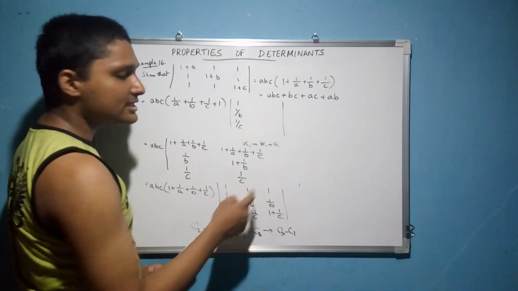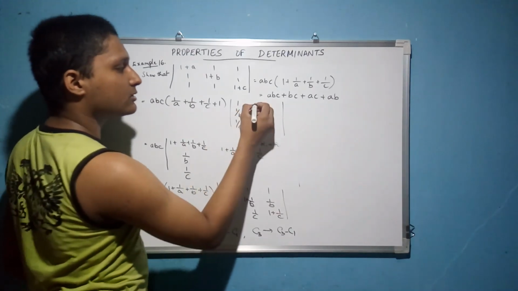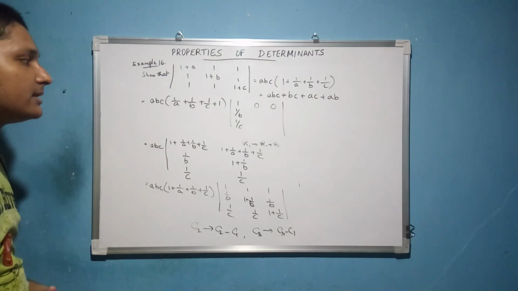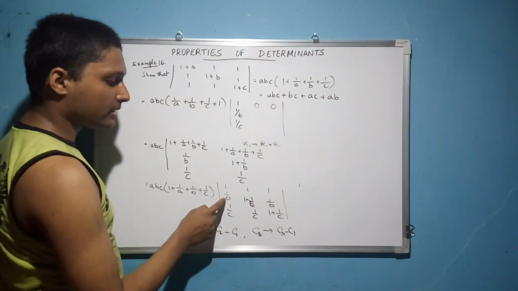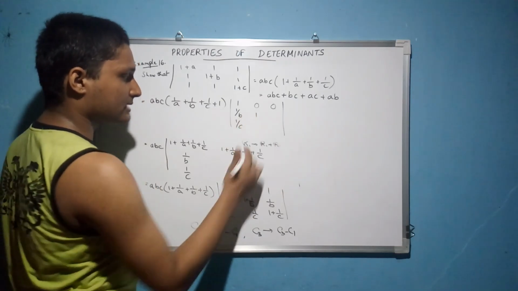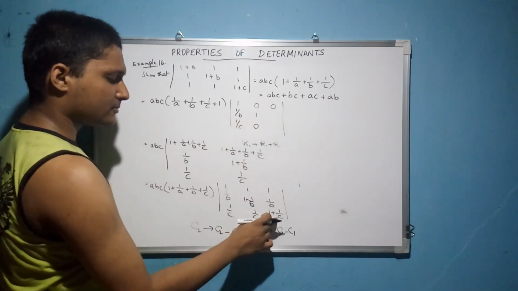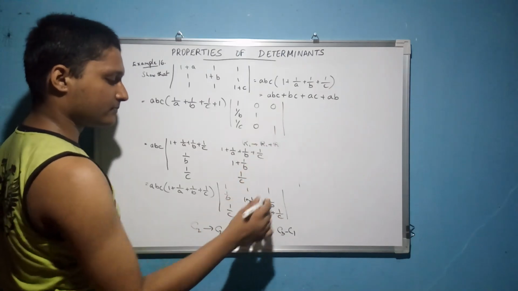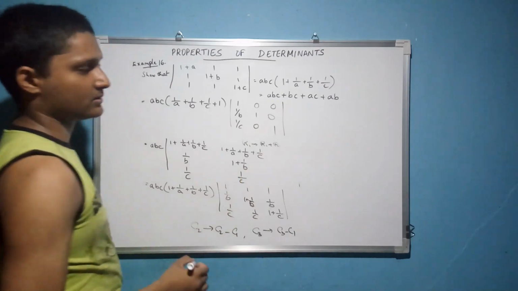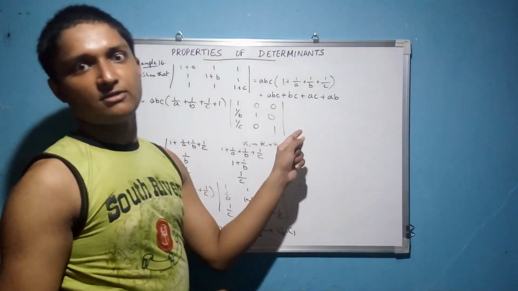For making these two zeros only we have done this, therefore these two are going to be 0 here. Then you have 1 by b over there, 1 plus 1 by b minus 1 by b, you are going to get 1 here, 1 by c minus 1 by c is 0, 1 plus 1 by c minus 1 by c is 1 here, then you have 1 by b minus 1 by b, that is 0.